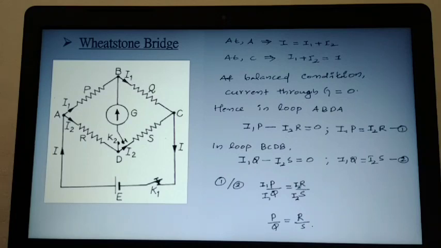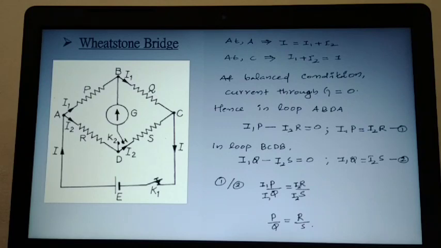See, P by R is equal to Q by S, that is given as P by Q is equal to R by S. For the left hand side of the galvanometer, the ratio is P by R. For the right hand side of the galvanometer, the ratio is Q by S. Both are equal, that is P by R is equal to Q by S, which is equal to P by Q is equal to R by S. That is known as the Wheatstone bridge principle.